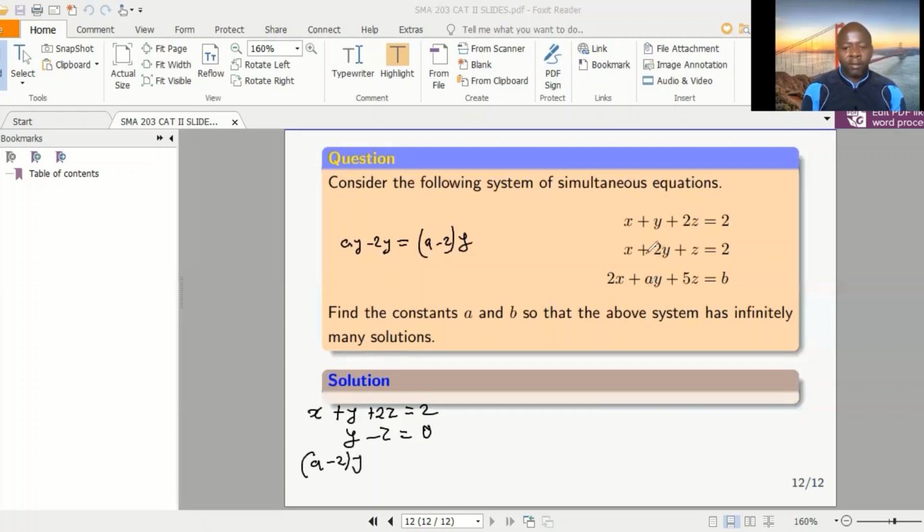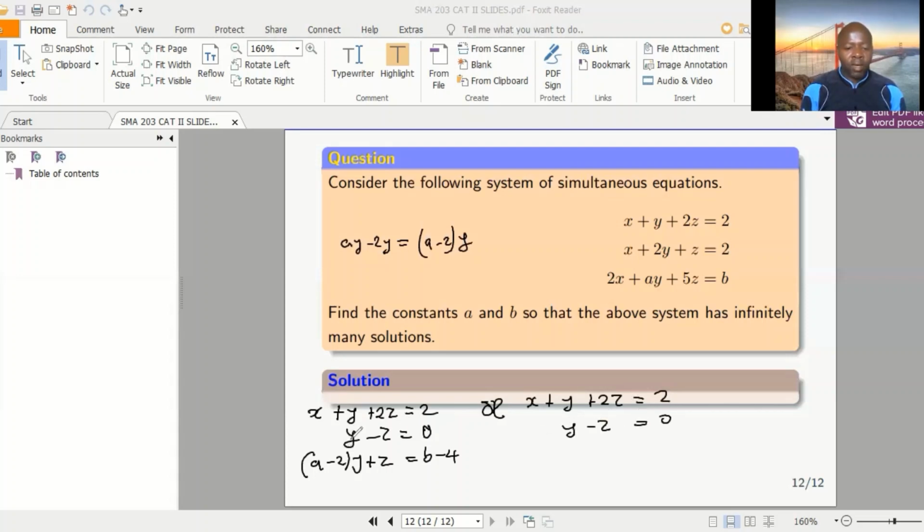Now multiply this by 2 to get 4z, 4z from this here. Multiply this by 2, subtract from this to get b minus 4. x plus y plus 2z equals 2. y minus z is 0.